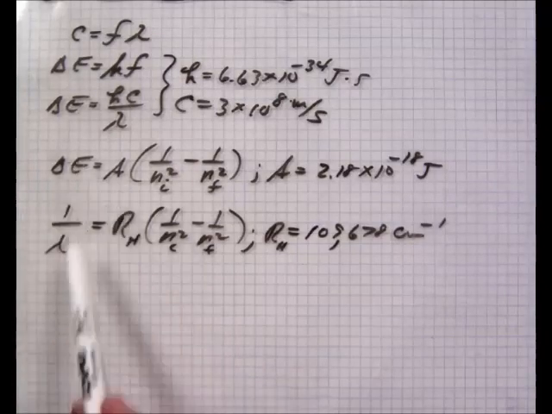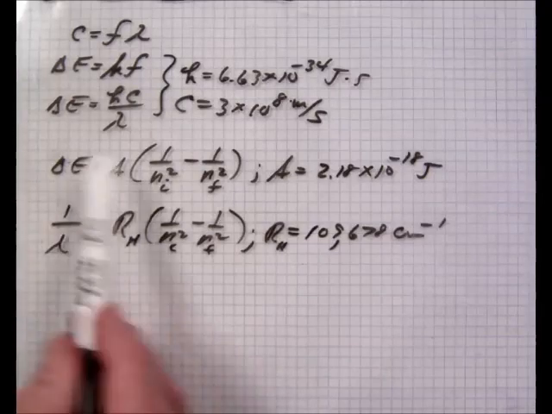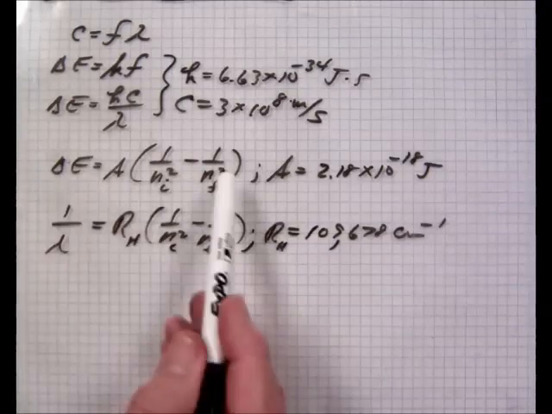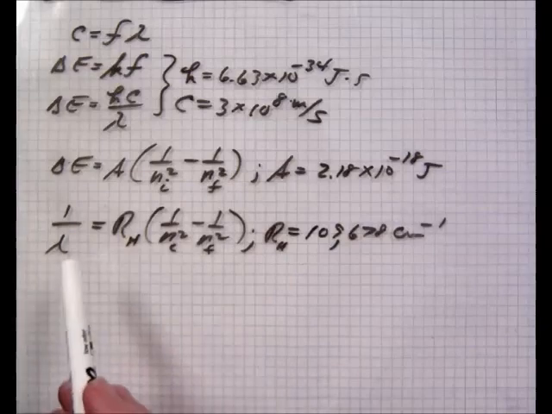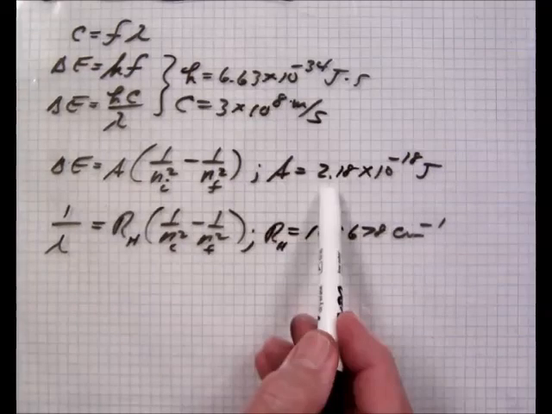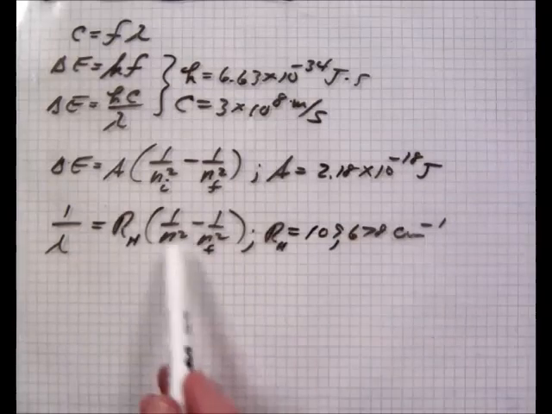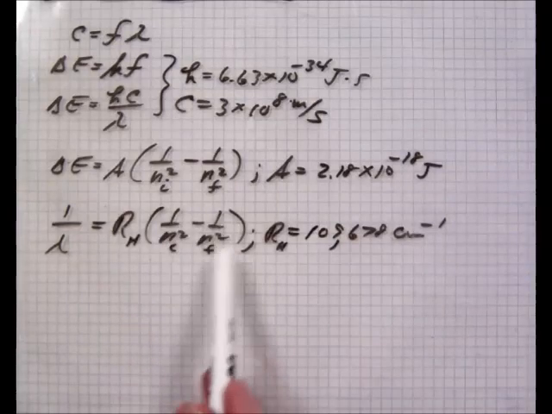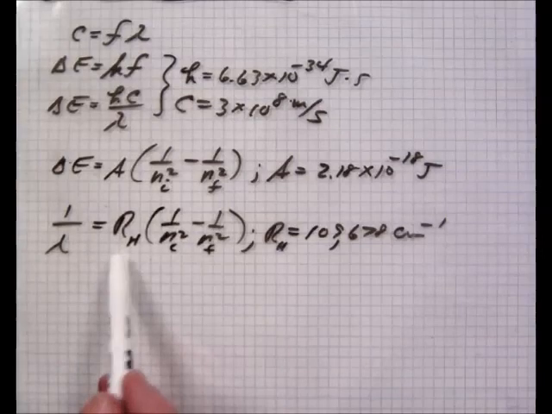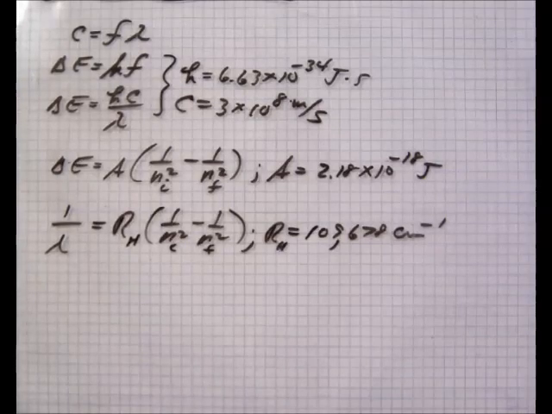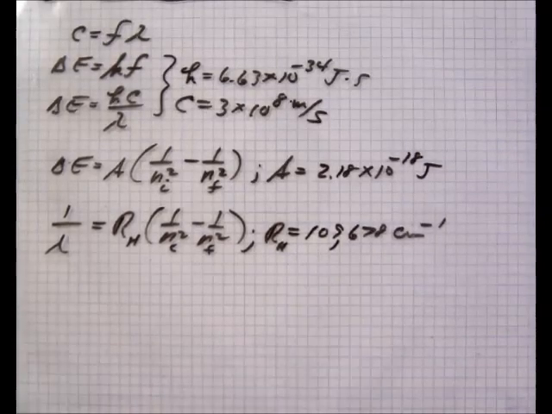Then we go into the transition equations. These are the Rydberg equations, the energy equation and the wave equation. It's A times 1 over n squared final minus 1 over n squared initial, and the same with the wave equation, but you substitute the R value and it comes out in centimeters. Remember, you have to convert this to meters.